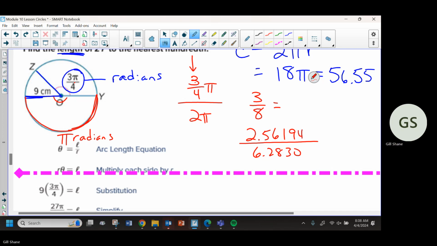Because this is what this would look like in a fraction, you'll see in a second. So what do you get when you divide 2.56194 by 6.2830?